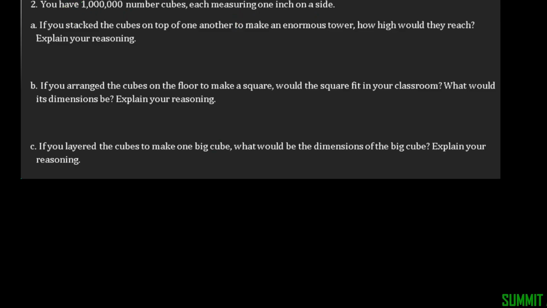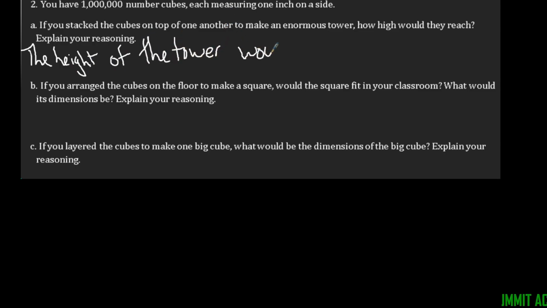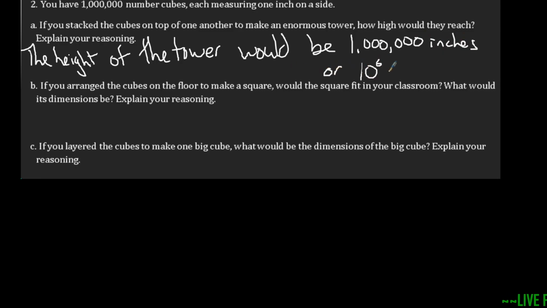This one's real simple, the height of the tower would be 1 million inches, which is the same thing as saying 10 to the 6th power inches. So that's how tall it's going to be because you just stack them on top of each other.